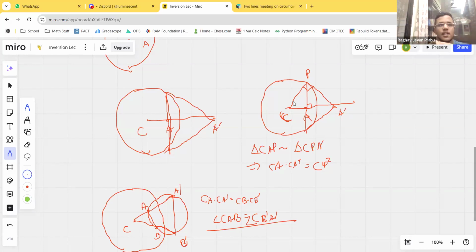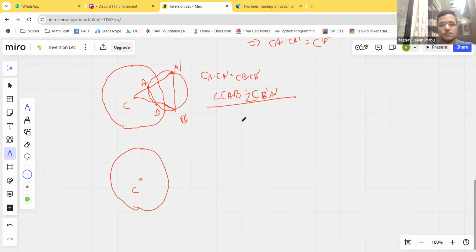If you end up studying projective geometry, there's a notion of point at infinity. Instead of saying two parallel lines do not meet, we say that two parallel lines meet at infinity. That all goes into projective geometry, which we won't cover. So we'll just assume that the center goes to the point of infinity or it does not have an inverse at all. You can use either of the two definitions.